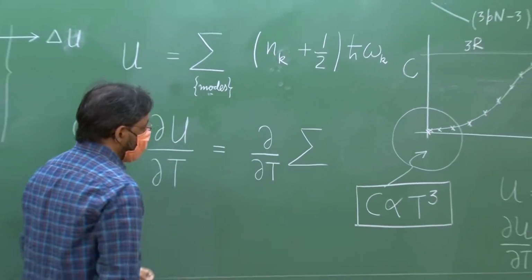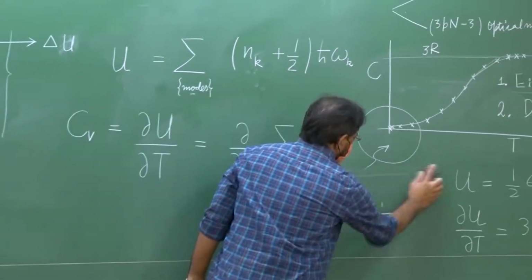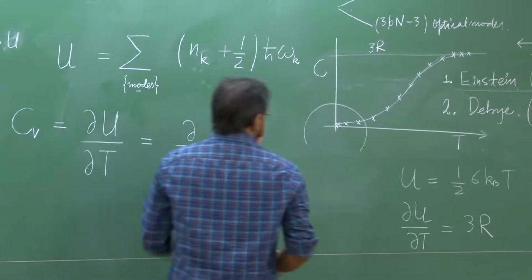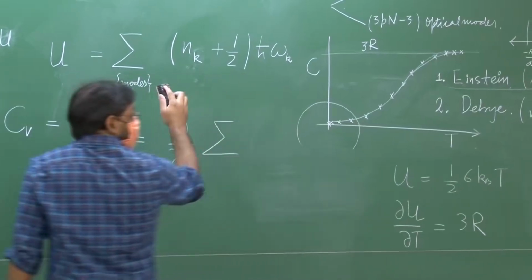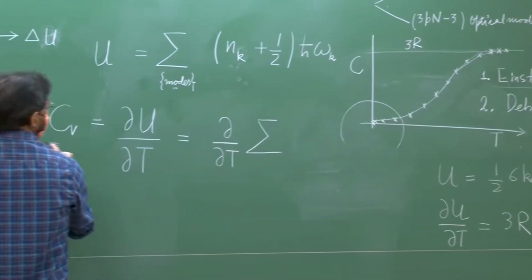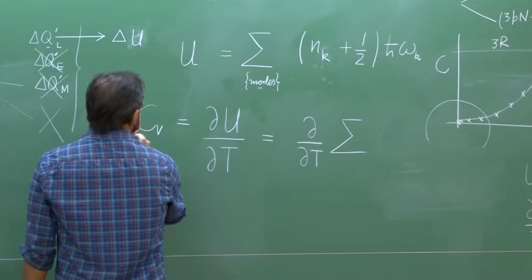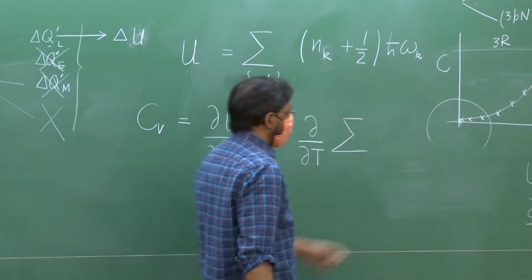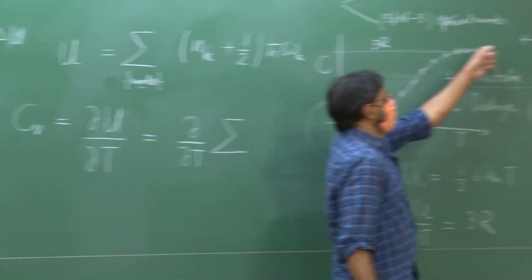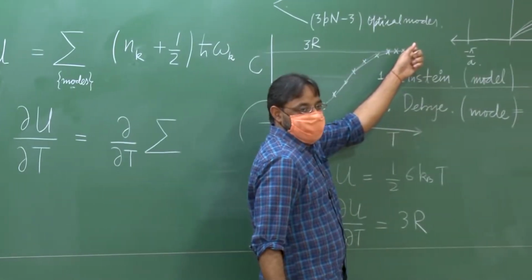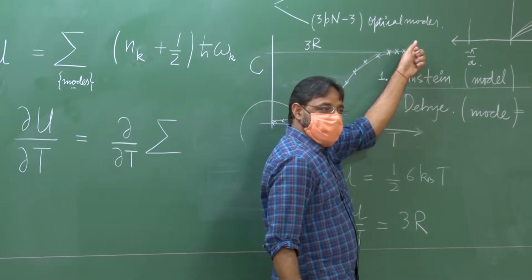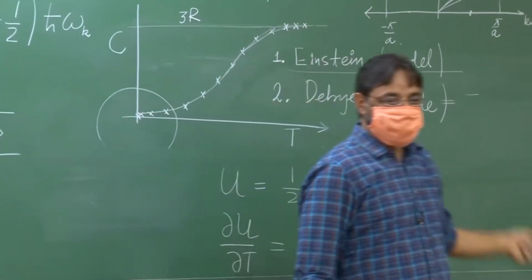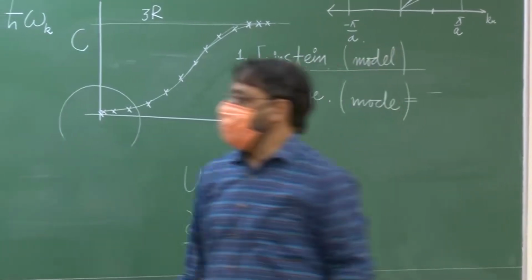I am going to discuss Einstein and Debye in the next lecture, but in today's lecture, in another 10 minutes or so, I will start from here and show that both these results can be obtained without using any of these models. Okay? So let's try to do that.